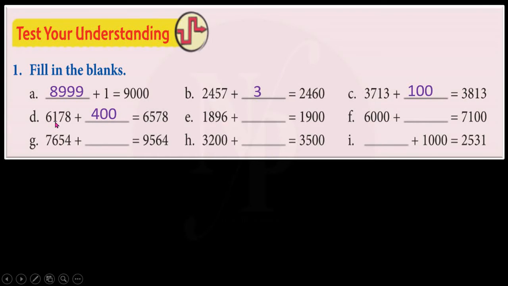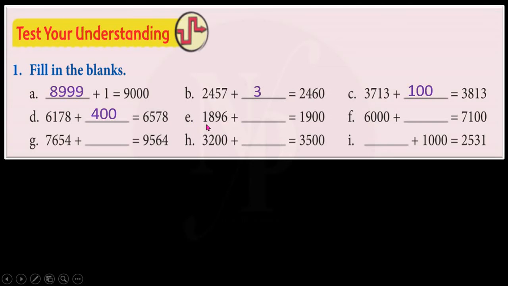That is, 6,178 plus 400 is equal to 6,578. So you may verify all these answers by adding. Whatever answers I am giving, you can check whether the given answers are correct or not by adding these numbers.